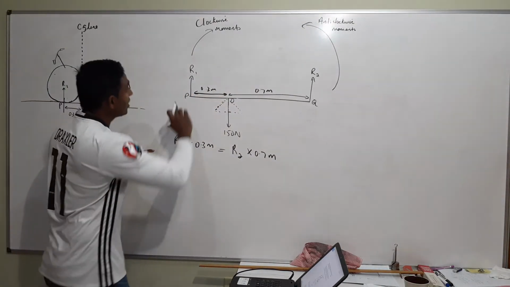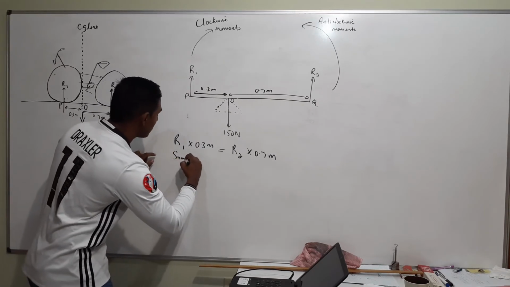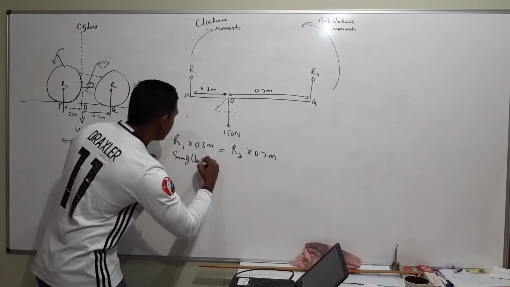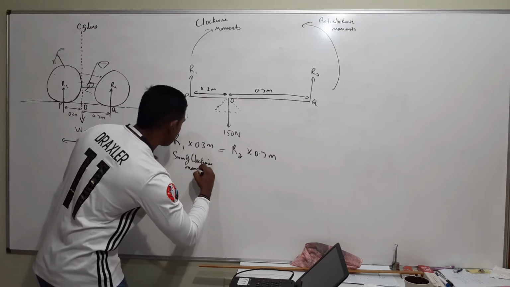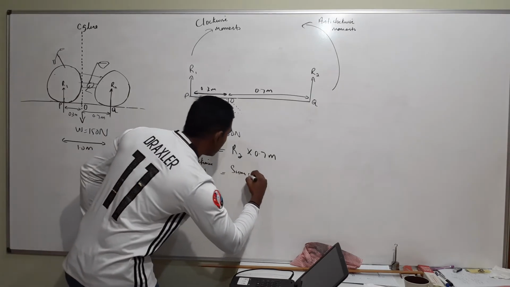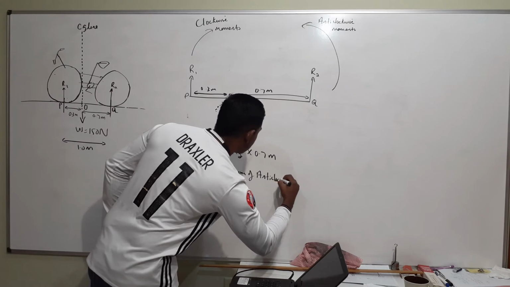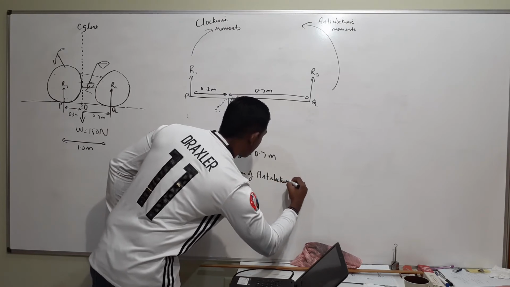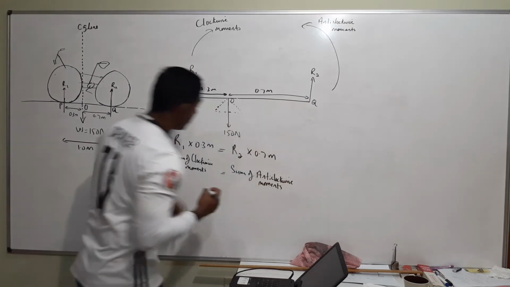R1 is providing clockwise moments, so this is the sum of clockwise moments here. On this side, this is the sum of the anti-clockwise moments. Alright, so far so good.